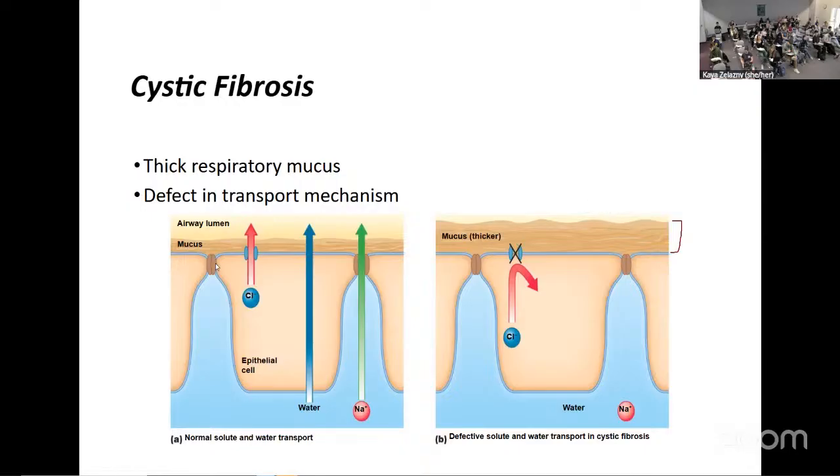The reason for this is that we have damage, a deficit, or a mutation in a protein that was supposed to be transporting chloride. In our normal, healthy tissue, we saw that chloride ions were being transported to the apical membrane towards the airway lumen.